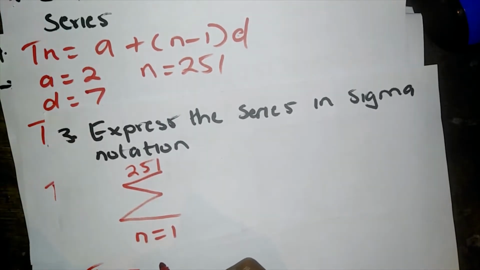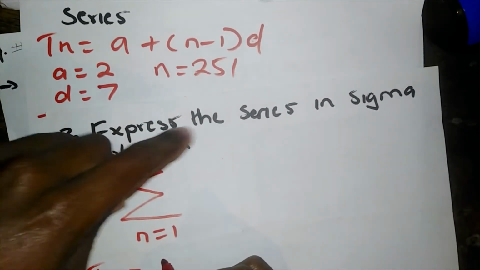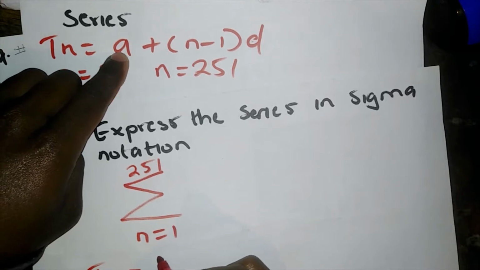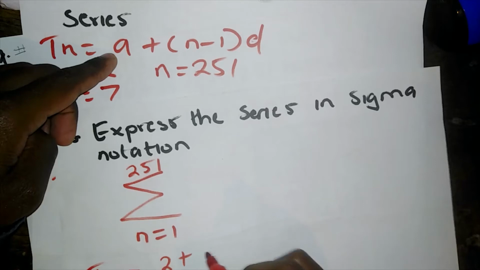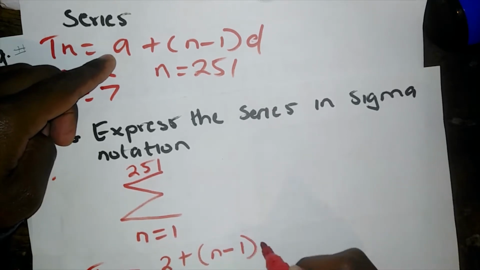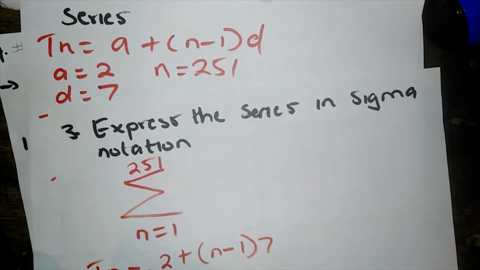You use this formula to get your formula for the term. Tn is equal to 2 plus n minus 1, and our difference is 7. So here you solve to get your formula.